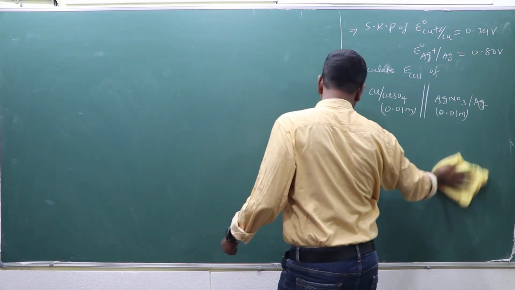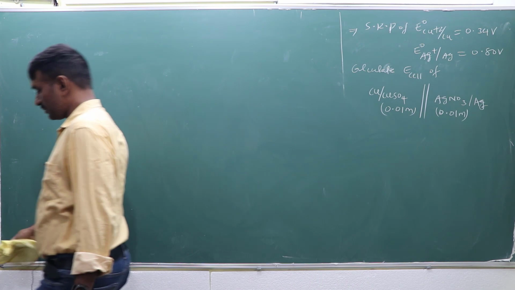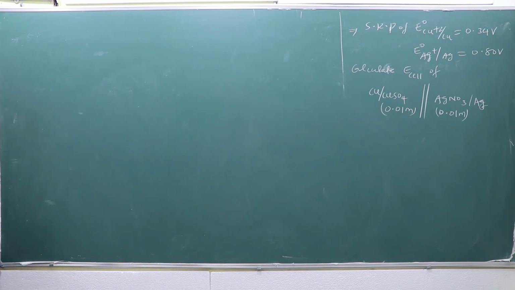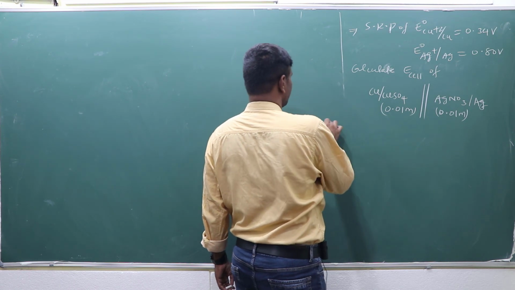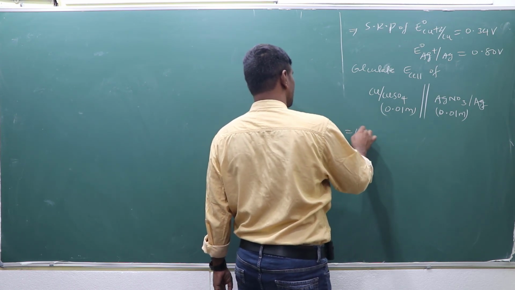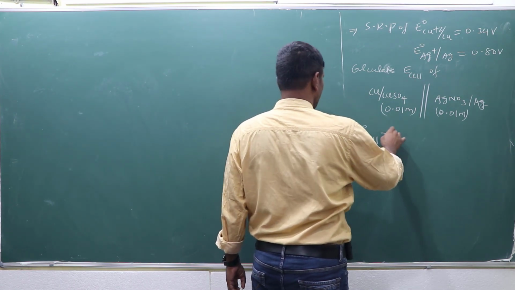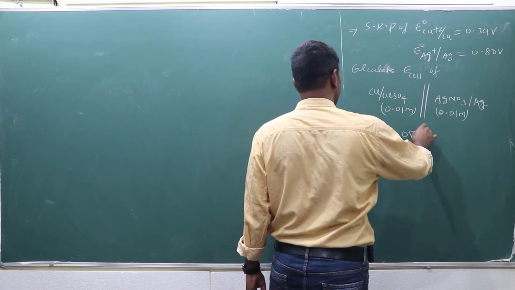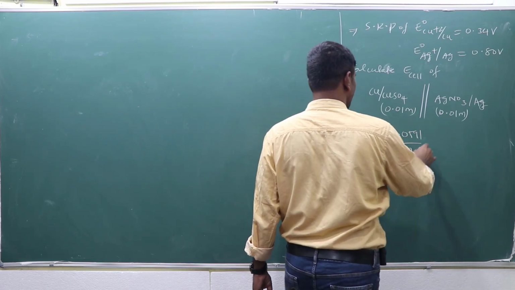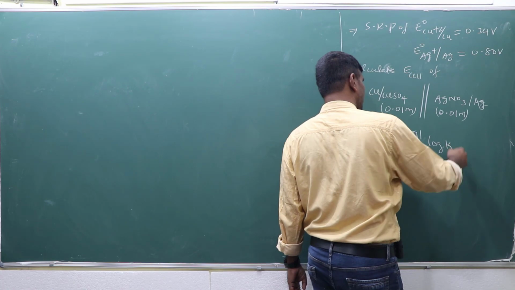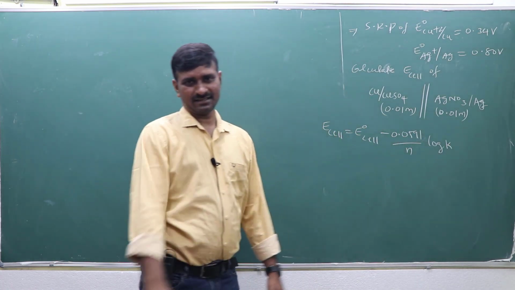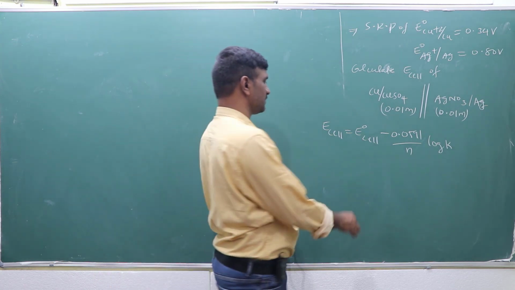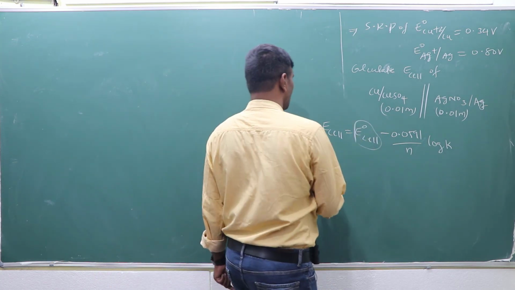But here, you can check whether they are the same or not. This is also a previous problem, right? So E cell is equal to E0 cell minus 0.0591 by n log K. You write this principle a number of times because it is practice, right? So how do you calculate E cell, E0 cell?